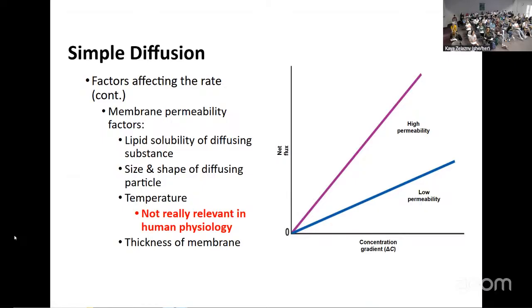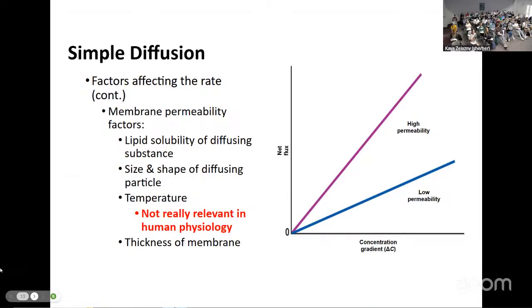Remember, homeostasis is trying to keep us near a set point in a little regulated range. So your temperature should not be changing enough that it has an effect on diffusion. Right? That would be really bad. So hopefully your body's doing its job. You're staying in this homeostatically regulated temperature range.